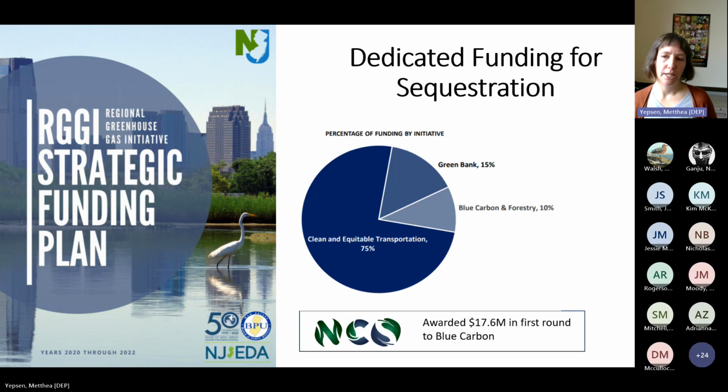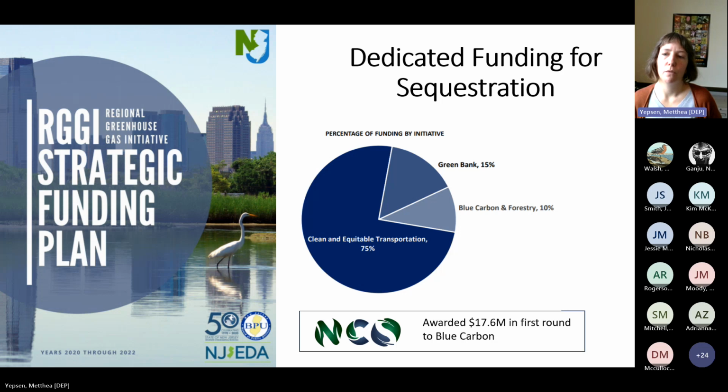We developed a spreadsheet to estimate the benefit of proposed tidal wetland sequestration projects. These estimates were used to rank the projects and to help pick the projects that would have the most carbon sequestration bang for their buck.